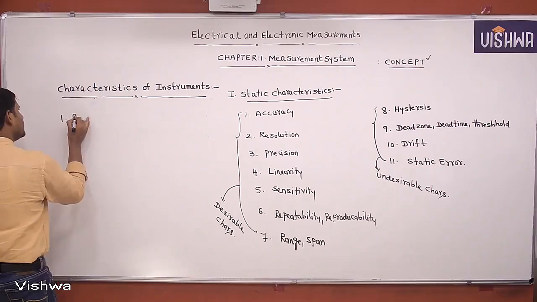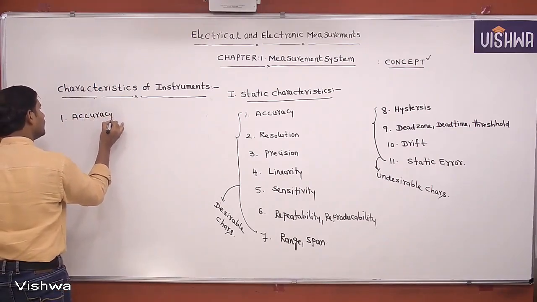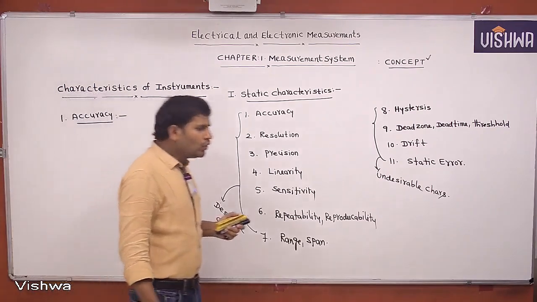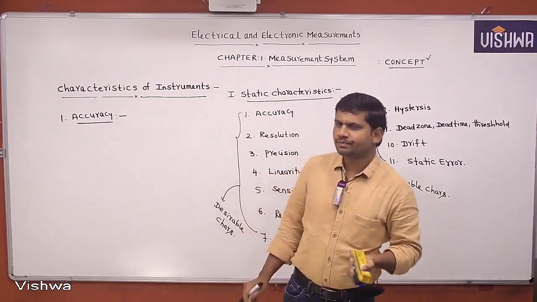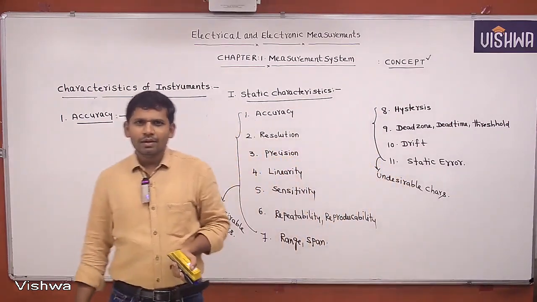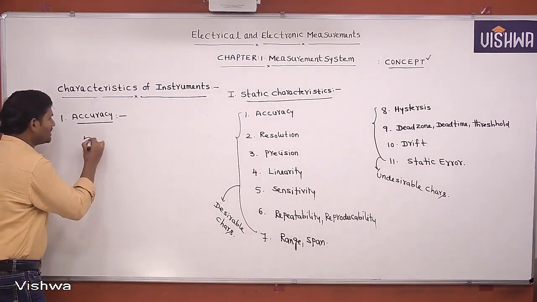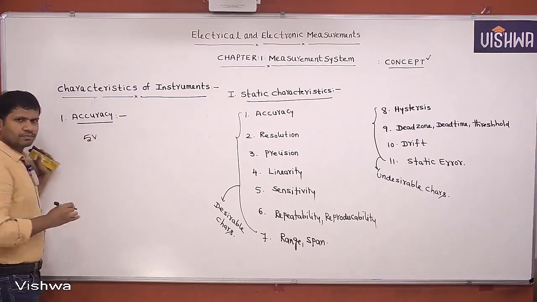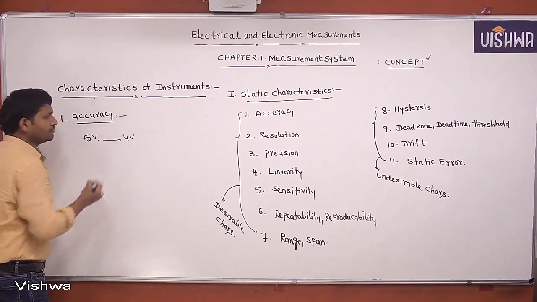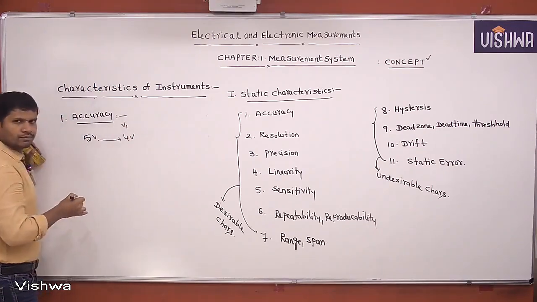The first one is accuracy. Tell me, how to define accuracy of an instrument? For example, in the measurement of 5 volts, a particular meter shows the reading of 4 volts.